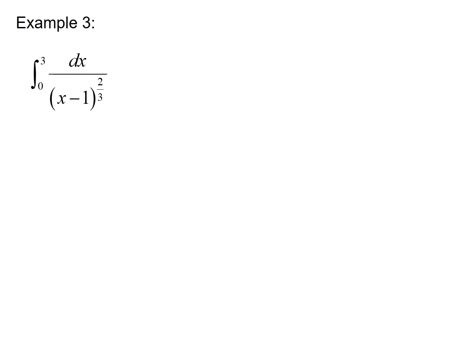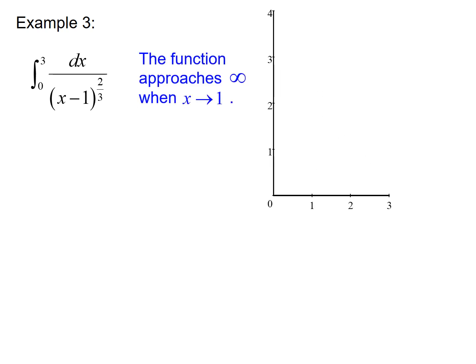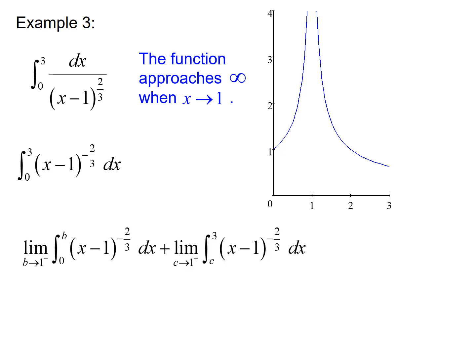Okay, we've got the integral from 0 to 3 of 1 over x minus 1 to the 2/3. And if we examine that interval, 0 to 3, we should realize that if we plugged in x equals 1, we would be dividing by 0. So we have this asymptote. So let's go ahead and split this thing up.